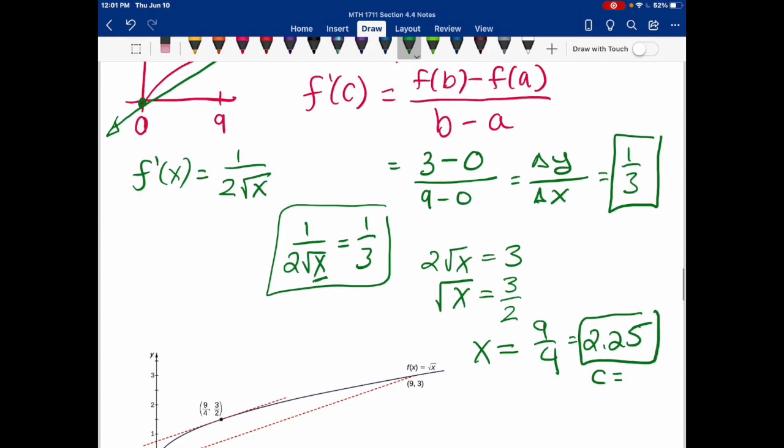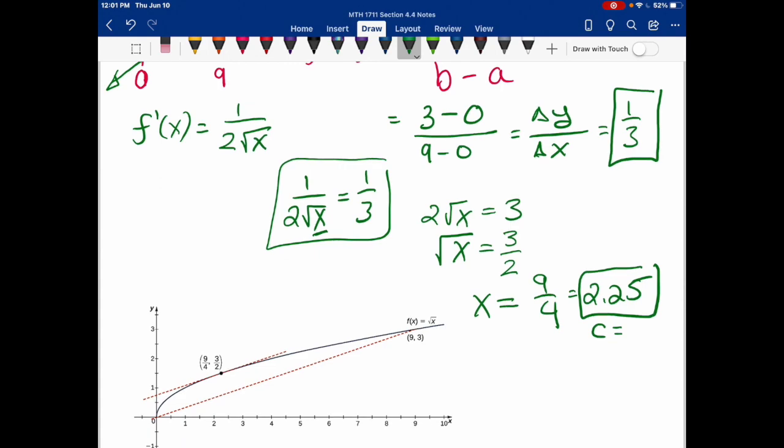So here's my value of c that falls on the interval between 0 and 9 on the square root of x that has the same slope as the line that passes through the endpoints. Here's the line that passes through my endpoints, and at the point 2.25 on this graph, I'm going to have the same slope.